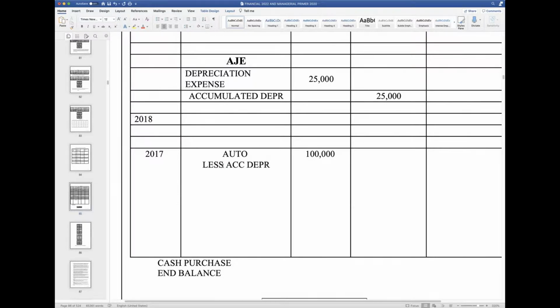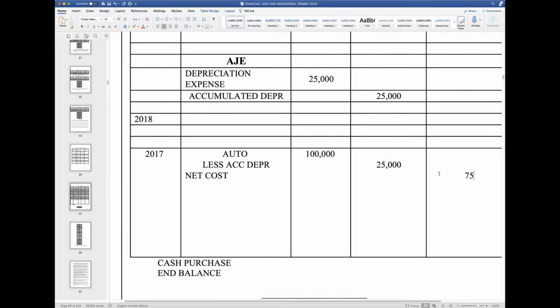Less the accumulated depreciation, 25,000. So if you were to do a balance sheet, the net cost for the auto would be 75,000.